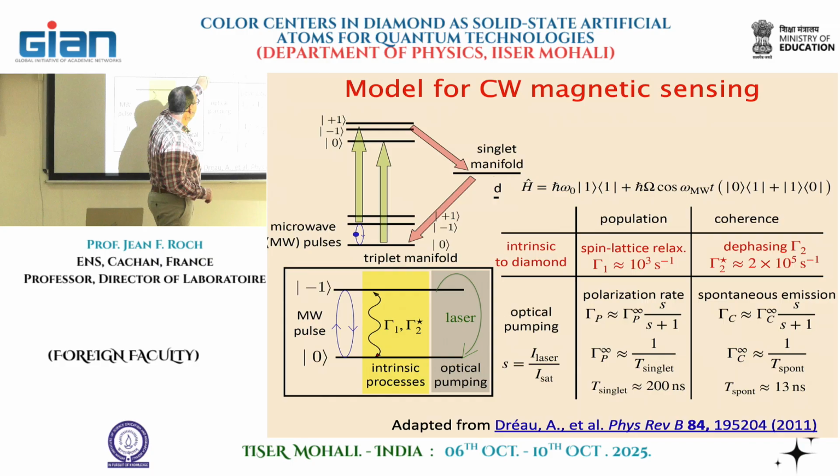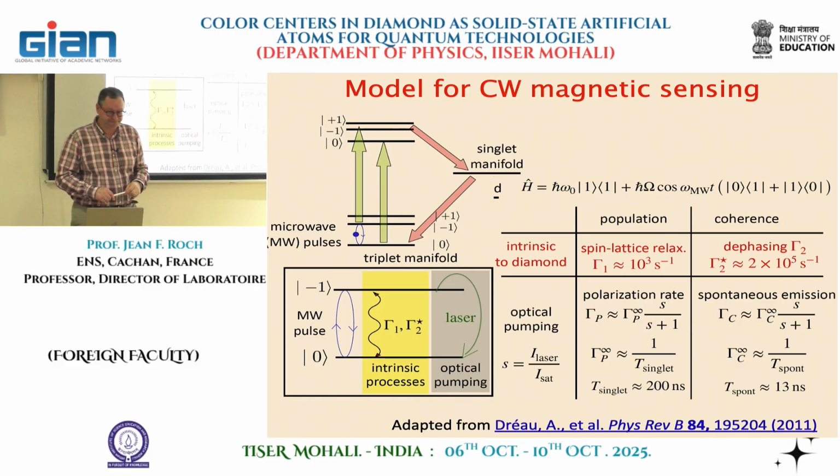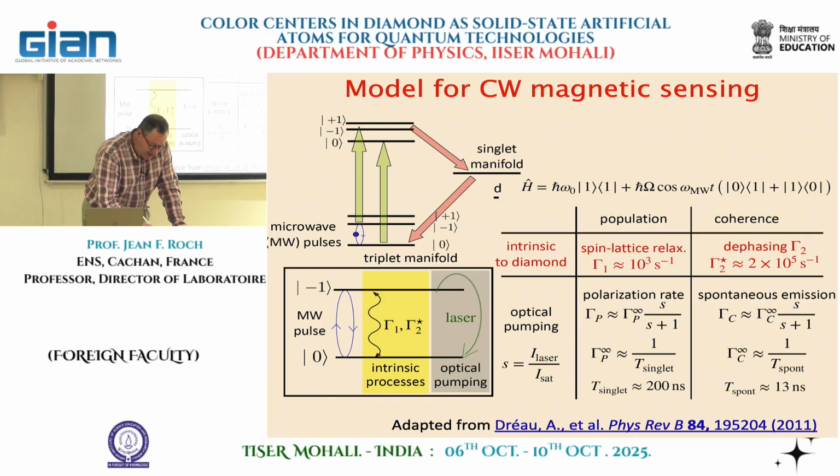You have different parameters. You have parameters that are intrinsic to the diamond. For the population, it's the spin relaxation, T1 or gamma 1, which is in the millisecond range. At the same time, we have what is the coherence. So if you build a magnetic dipole oscillating here, how long will it survive due to the magnetic environment?